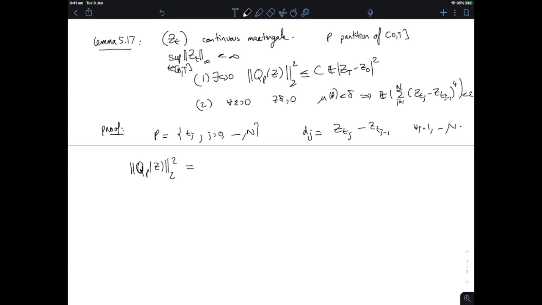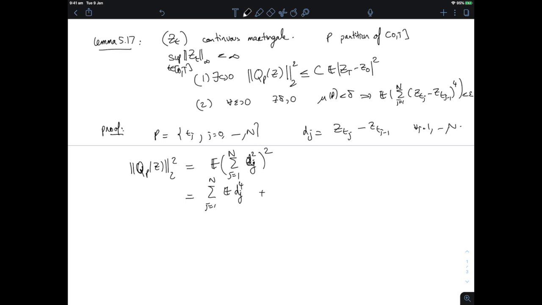Now, what is that? Well, it is the expectation of the sum, j equal 1 to capital N, of Z(t_j) minus Z(t_{j-1}), which is d_j, and you square that, and since it's an L2 norm squared, you square that again. So let's expand this thing into a double sum. We're going to have one term, the diagonal term, where you get an expectation of d_j to the 4, and that's the term that we will see goes to 0.